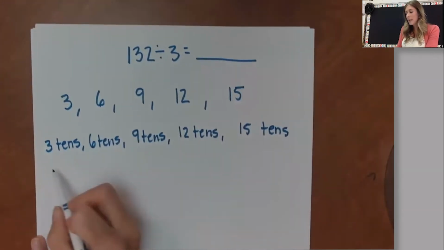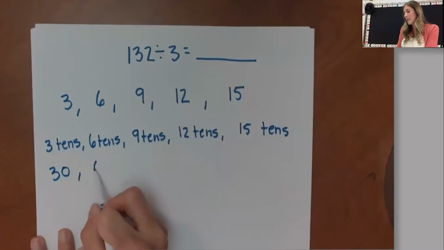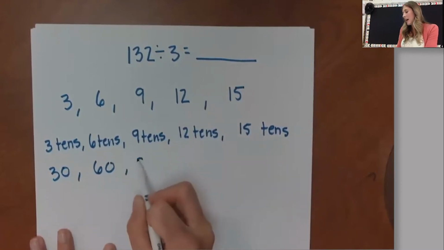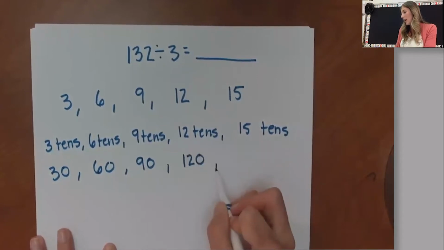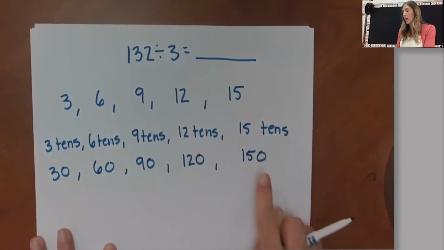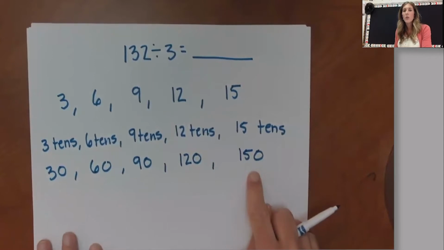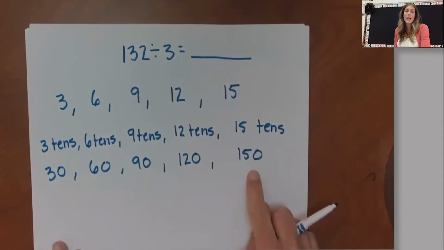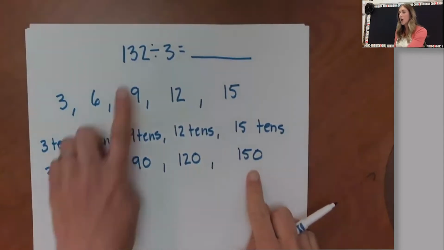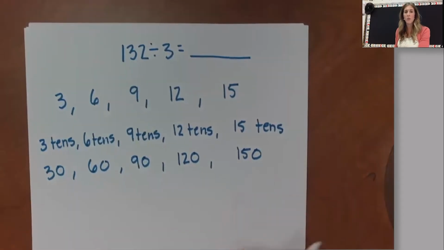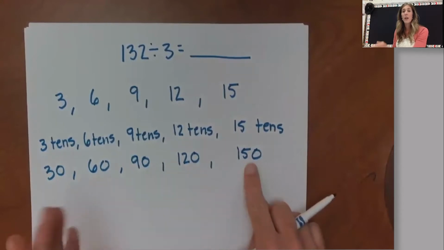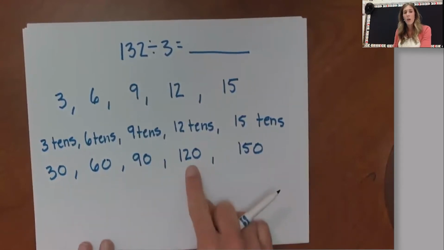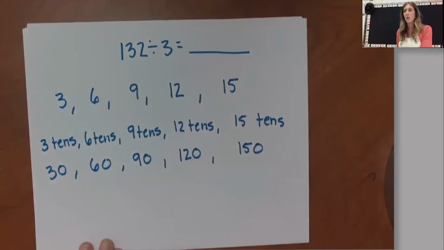So we know 3 tenths would be 30, 6 tenths, 60, 9 tenths, 90, 12 tenths, 120, and 15 tenths, 150. So which one of these multiples that are easily divisible by 3 are close to 132? Very good, the 120. 150 goes above. So we know that 120 is going to be easily divisible by 3, so we could use that multiple for our estimate.